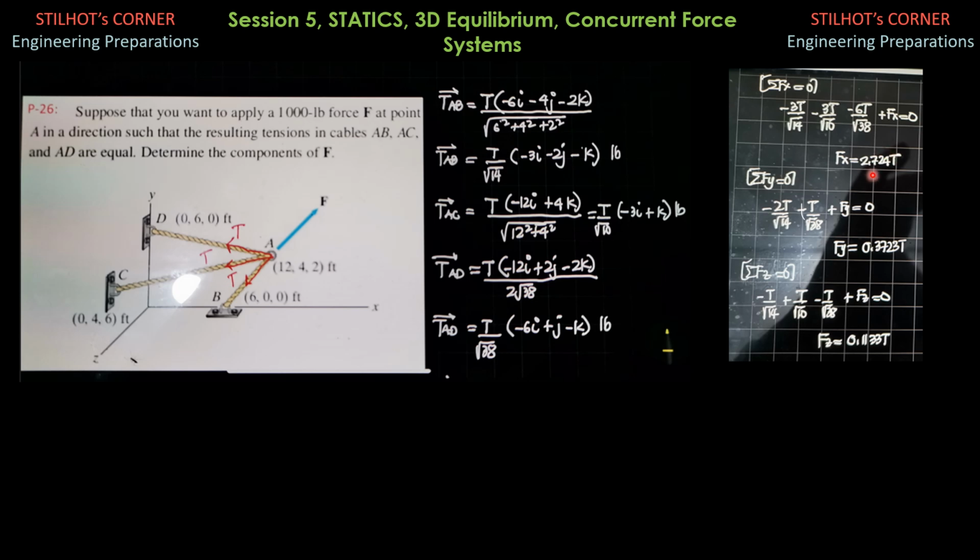So Fx is 2.724 T. Summation of forces along y equals 0. The Y component of AB is negative 2T over square root of 14. For AC, it's 0, so none. For AD, it's T over square root of 38.